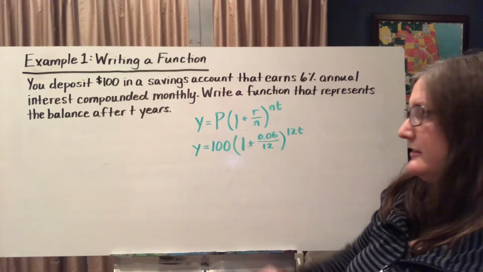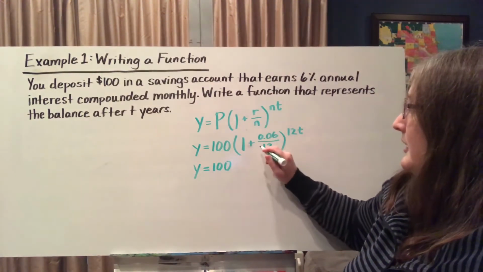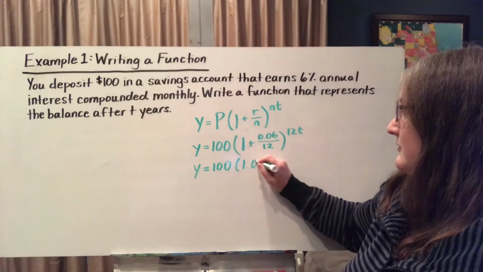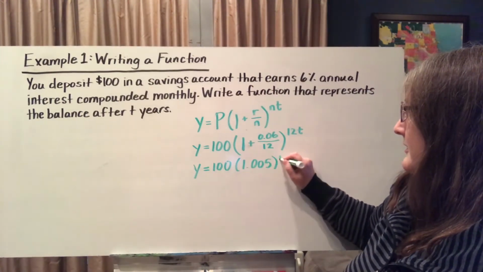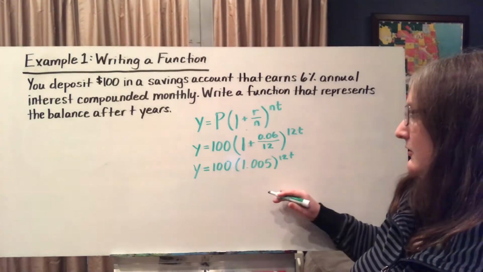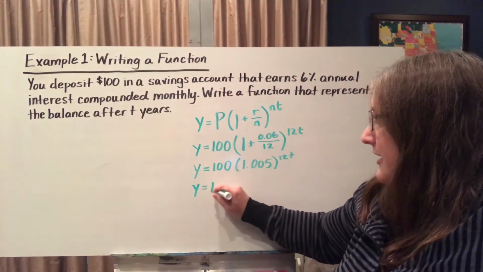Now we can simplify this function a little bit. I can do the 1 plus 0.06 divided by 12, which gives me 1.005. And I kind of like this one. It's pretty easy to put in my calculator when I'm substituting things in for t. Or if you want, you can simplify it a little bit further.